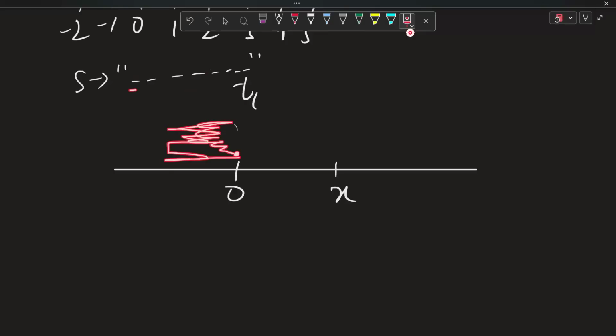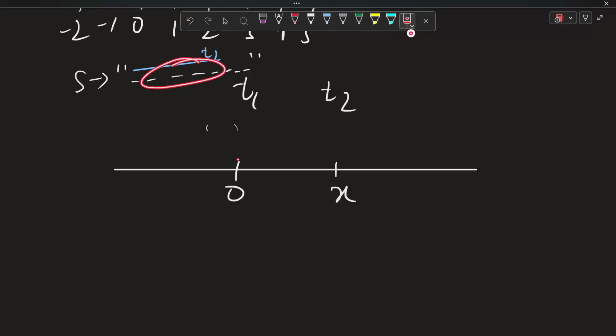After executing some set of instructions, let's say after a time t2, you started with 0 and you came back to 0 after t2 time.